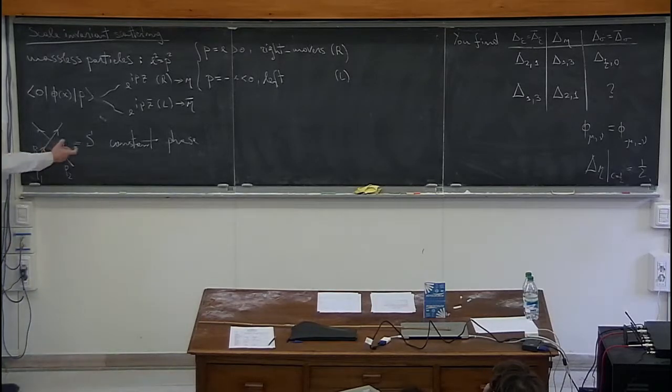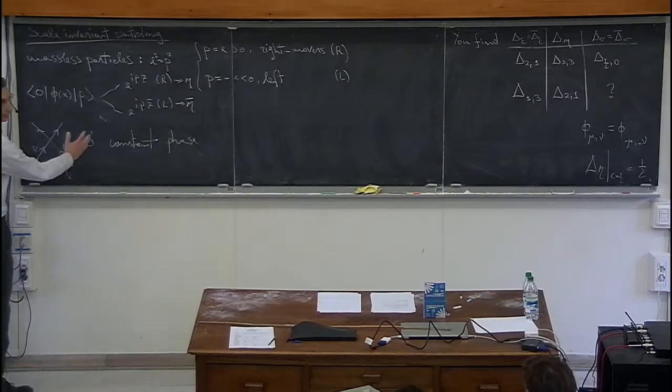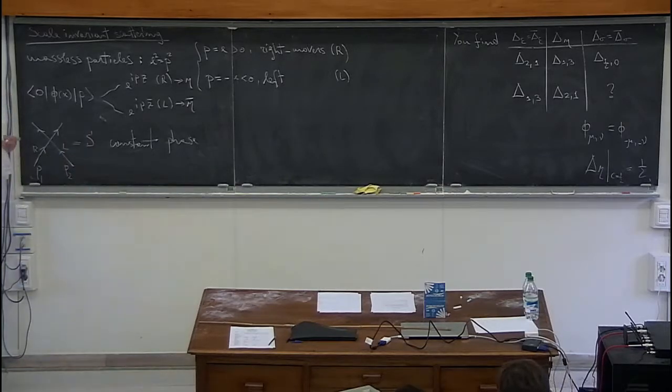Now you see the fact that the scattering amplitude doesn't depend on the momenta can only mean that there is no real interaction in this situation. This, however, doesn't mean that S is 1 necessarily, because these particles move on a line. So when they scatter, they interchange their position.